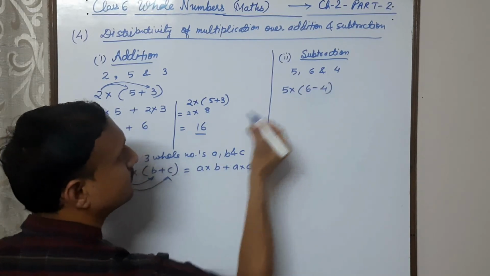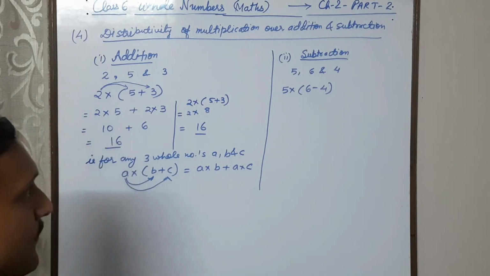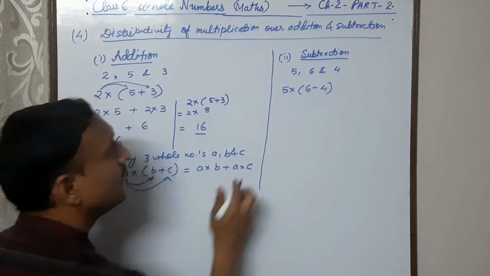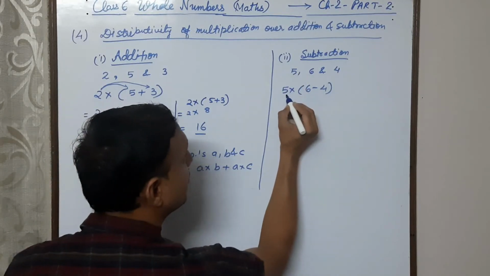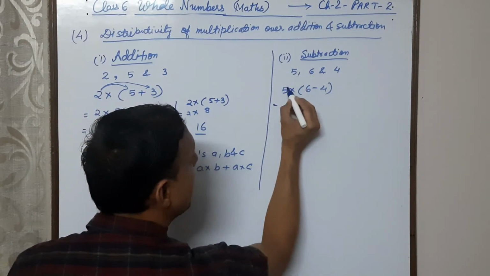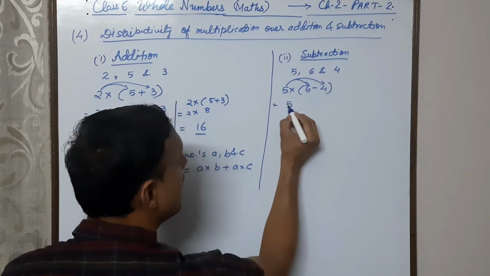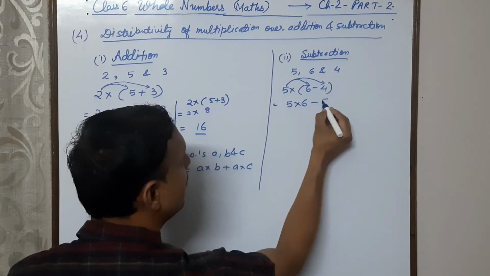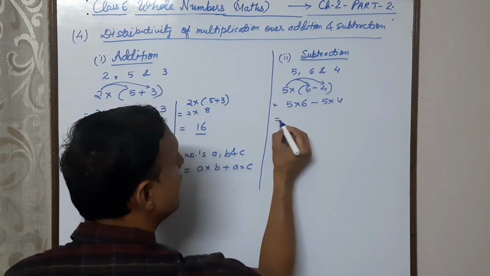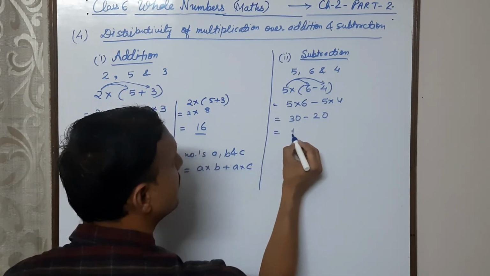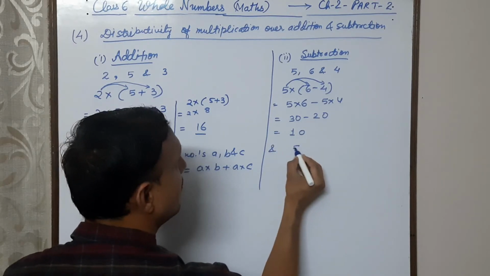Let us check whether this property holds for subtraction or not. Let's distribute this. 5 is distributed to 6, 5 is distributed to 4. 5 into 6 minus 5 into 4. 5 6s are 30. 5 4s are 20. 30 minus 20 is 10.